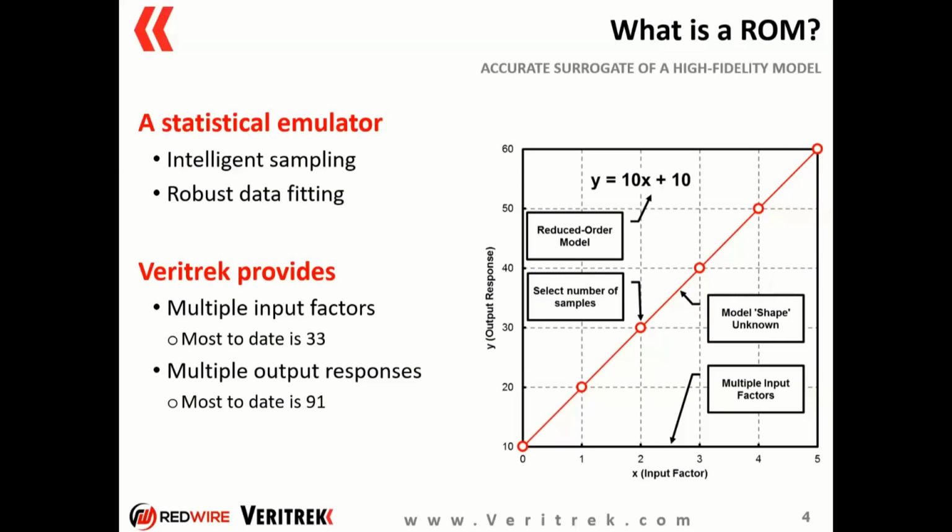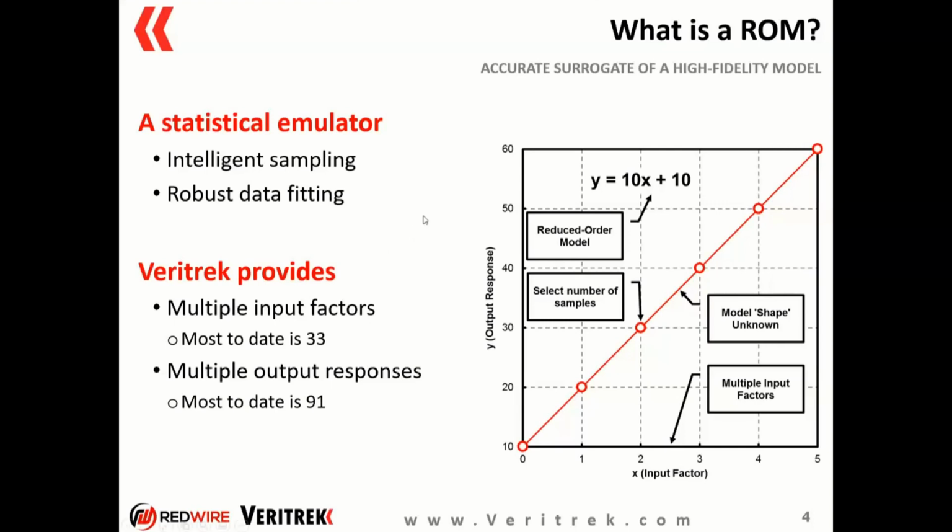Also, we have a very robust data fitting algorithm in Veritrek. You can imagine with thermal systems, they're not going to be nice and linear like this simple example. Thermal systems are highly nonlinear, especially with space thermal, with the radiative effects, that temperature to the fourth effect. And so Veritrek's data fitting methods can handle those highly nonlinear systems.